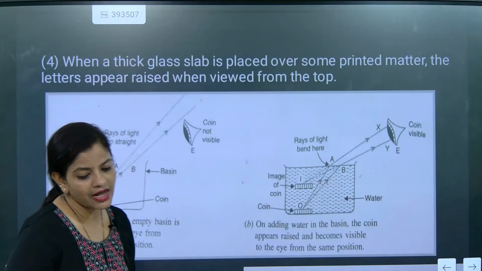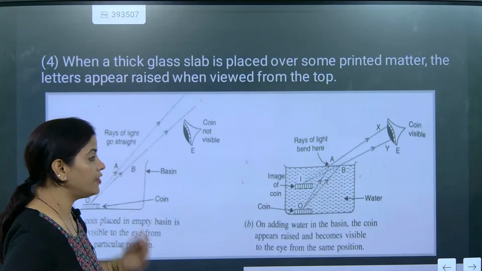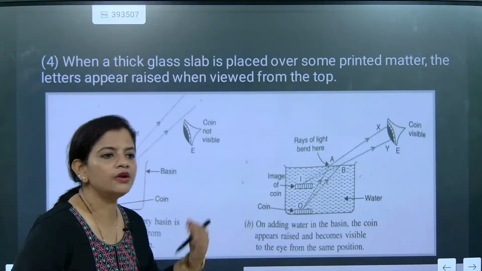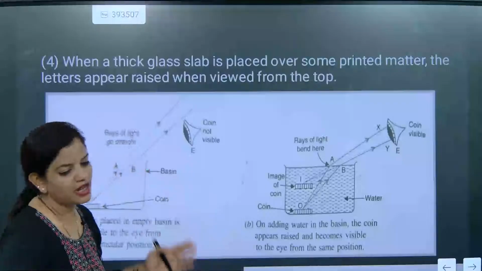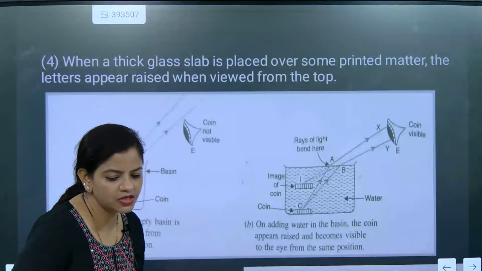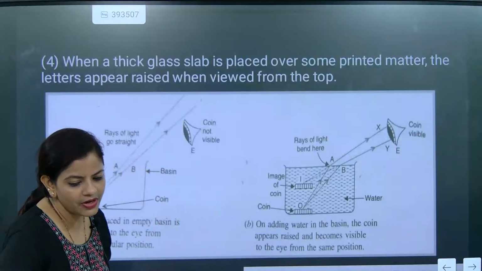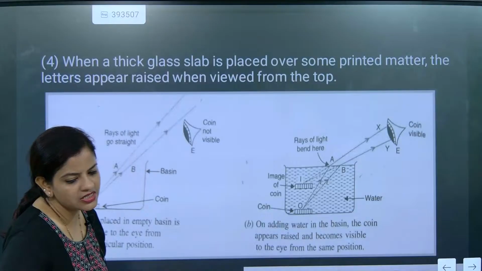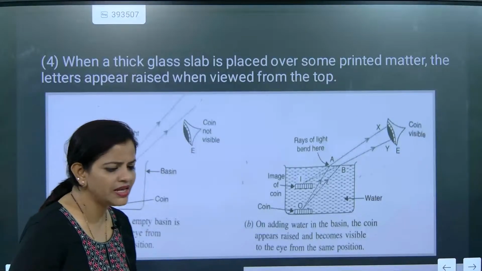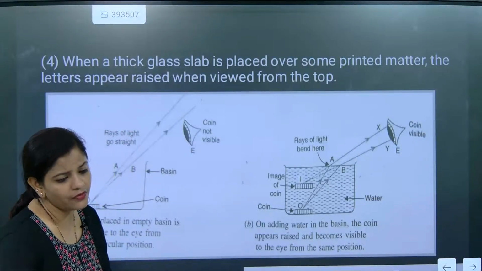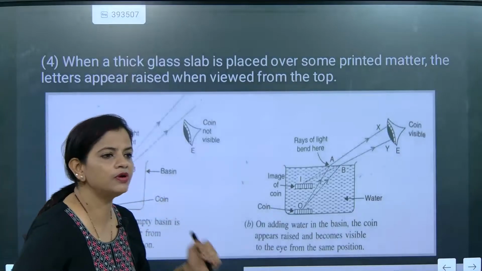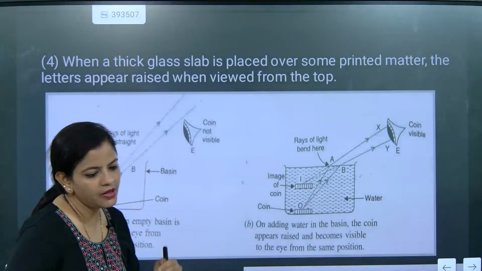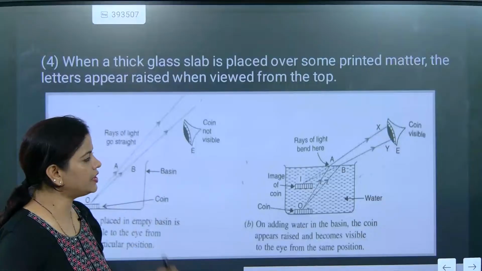Since we are going from air to water, the light rays will bend towards the normal. And once it is bending towards the normal, what will happen? Yes, it looks bigger in size, that is also one of the concepts. So we can see it because the apparent image is there.